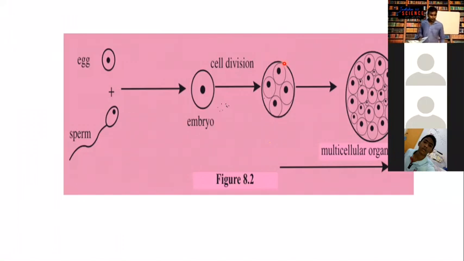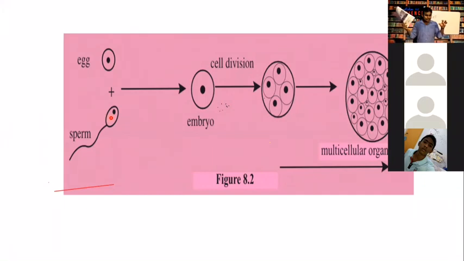Here, egg cell is the female reproductive cell. Sperm is the male reproductive cell. Sperm is one cell, egg is one cell.